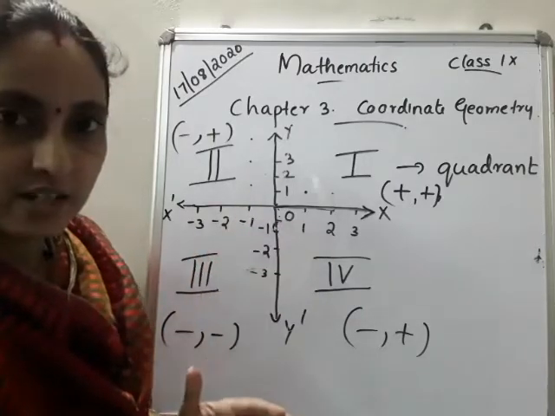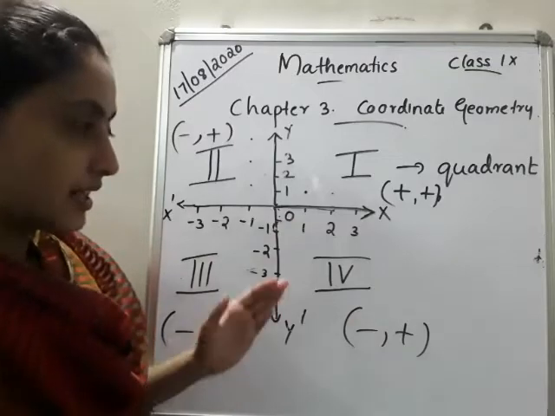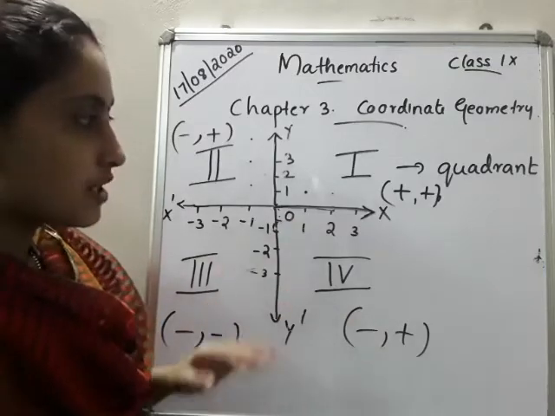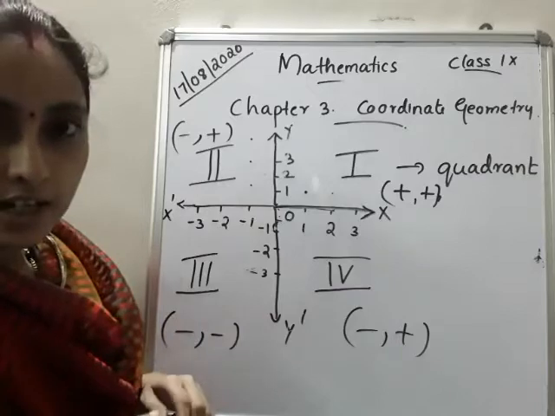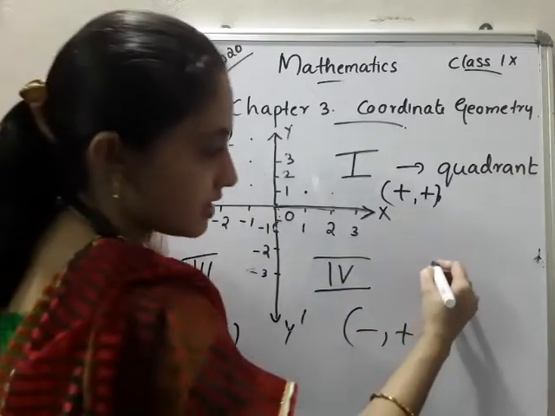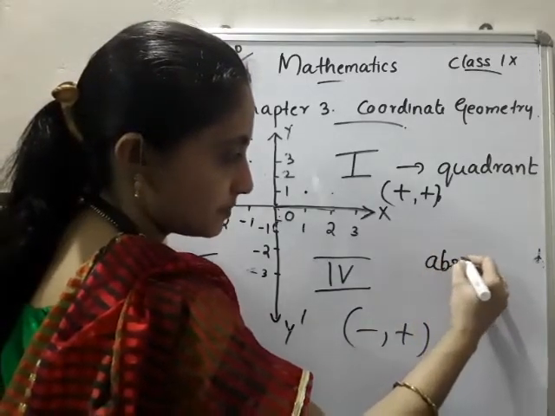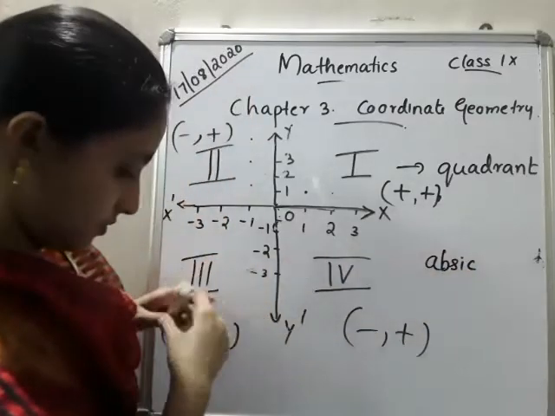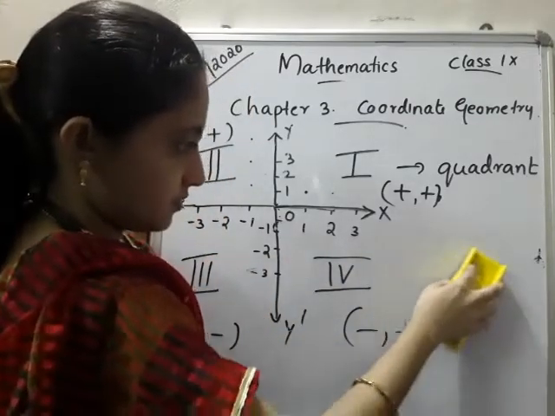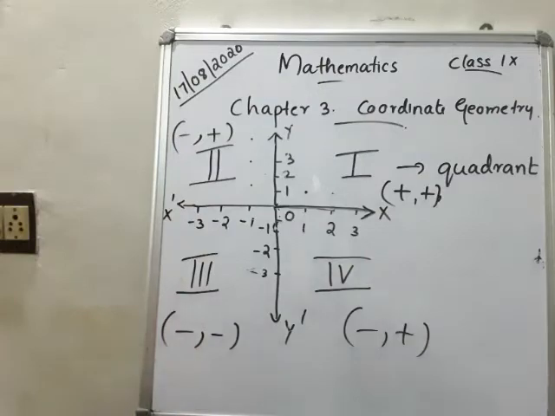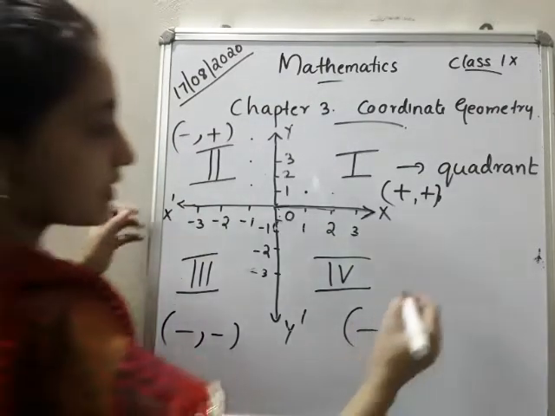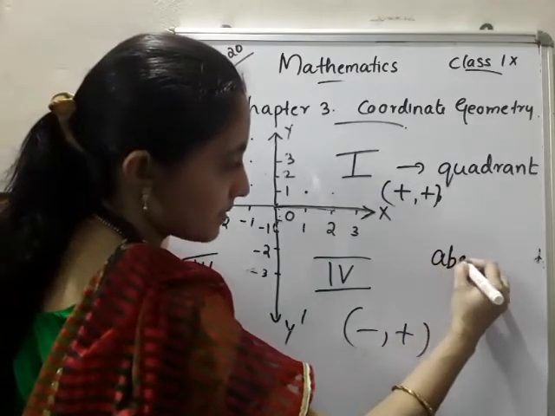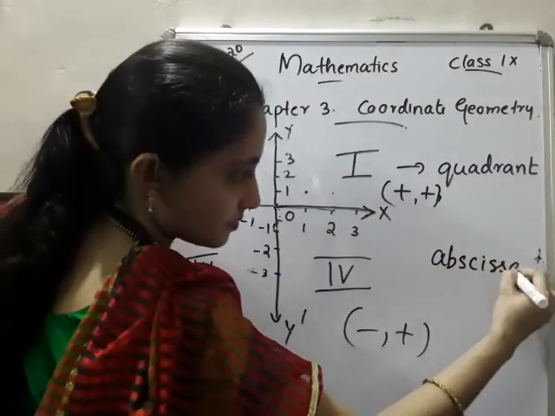Once again I will revise what all things were discussed, then it will be clear to you. The other name of the X coordinate is abscissa.